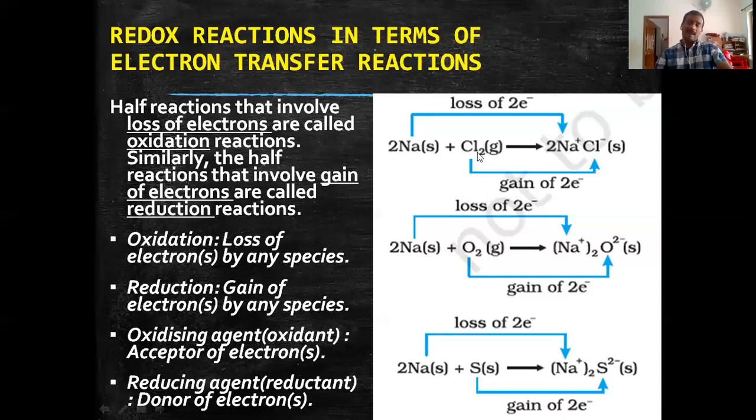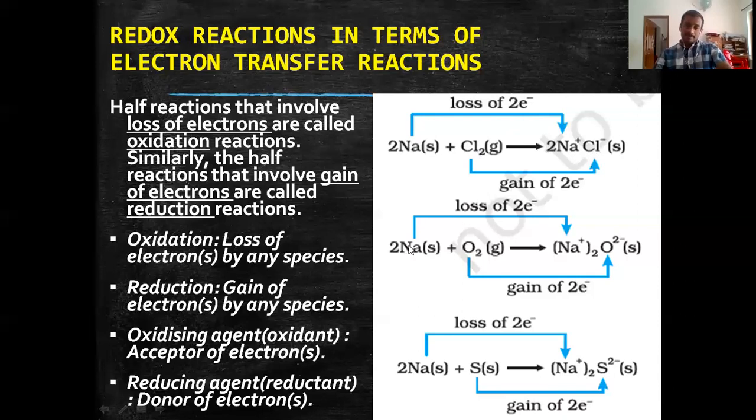At the same time, chlorine accepts 1 electron and changes to Cl minus. Cl2 has 2 chlorine atoms, which accept the electrons released by sodium to form 2Cl minus. So we can identify the oxidation half and the reduction half.